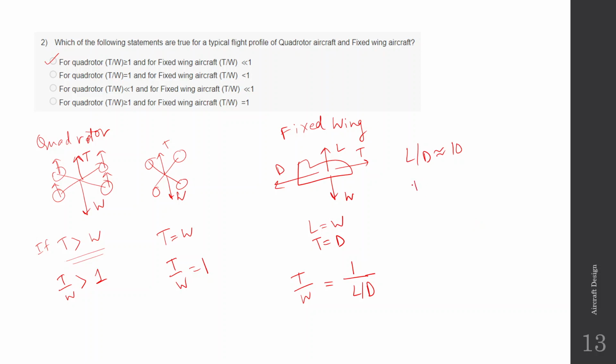and therefore the thrust loading is 0.1, or it could be even below 0.1. One more thing is that this is the condition during cruise. During climb or during takeoff, more thrust may be required.